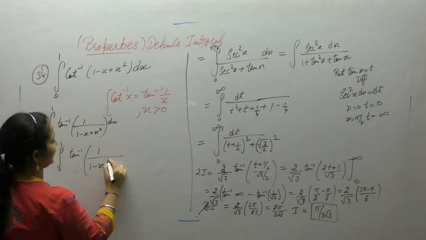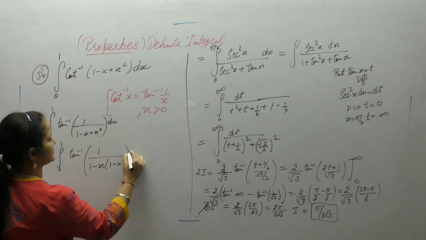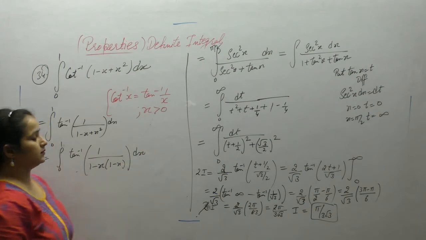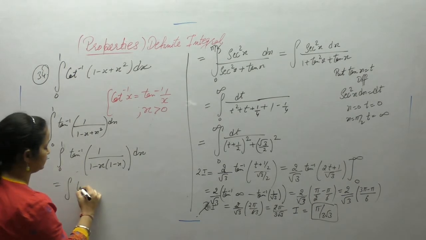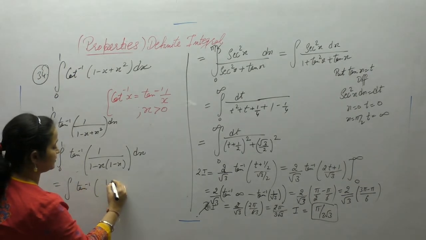In the numerator, 1 minus x, take x common, 1 minus x, and add and subtract x.